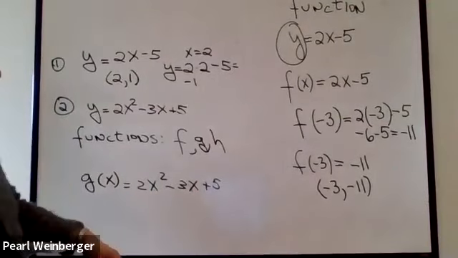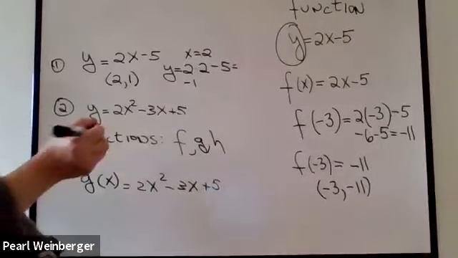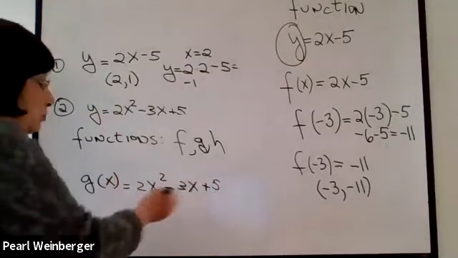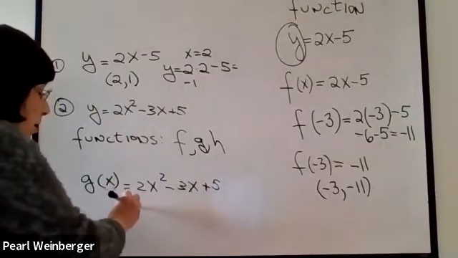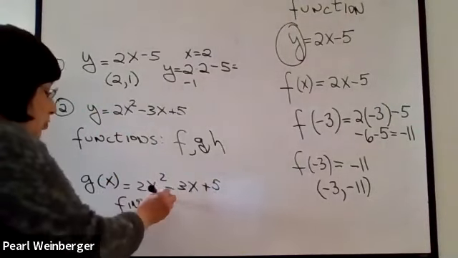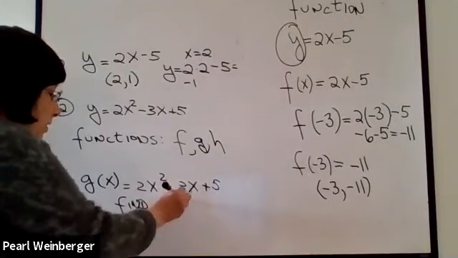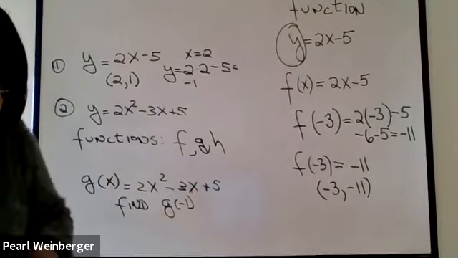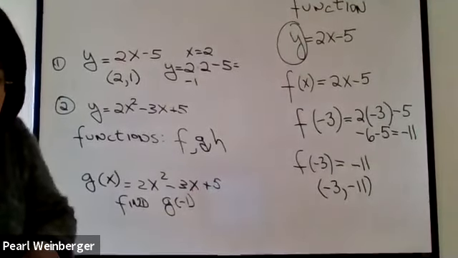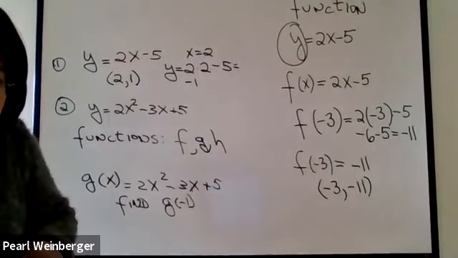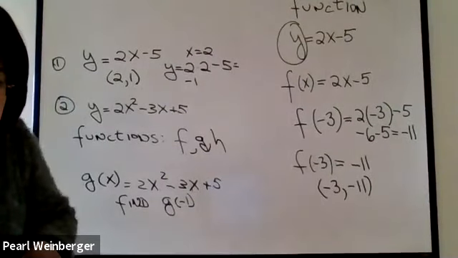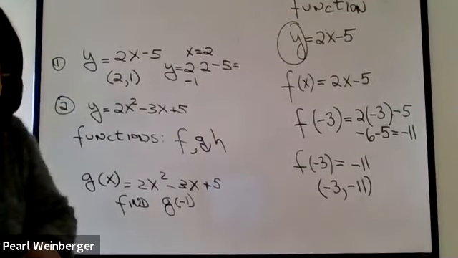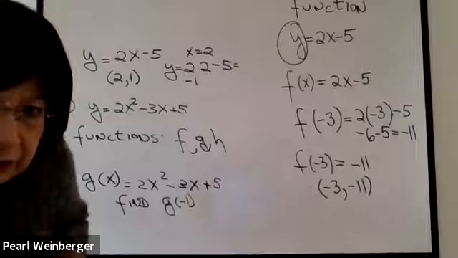Now let me ask you a question. What do you think I mean if I ask you to find g of -1? What does that mean? Anybody have any idea what I should do to find g of -1?